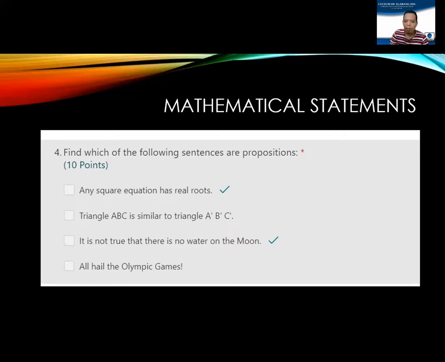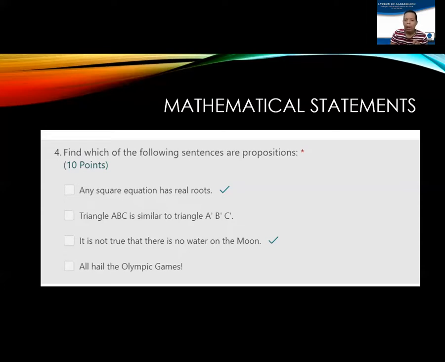For choice number 2, triangle ABC is similar to triangle A prime, B prime, C prime. First and foremost, when we say that it is similar, the 3 angles of the first triangle are congruent to the corresponding 3 angles of the second triangle, and the lengths of the corresponding sides are proportional.